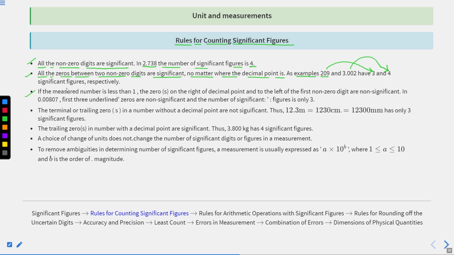Third is, if the measured number is less than 1, the zeros on the right of the decimal point and to the left of the first non-zero digit are non-significant.